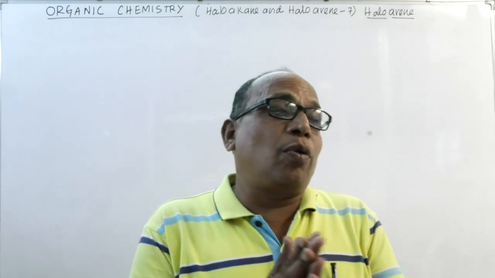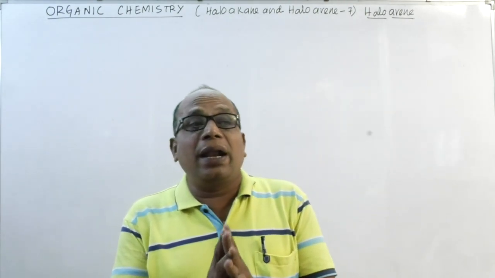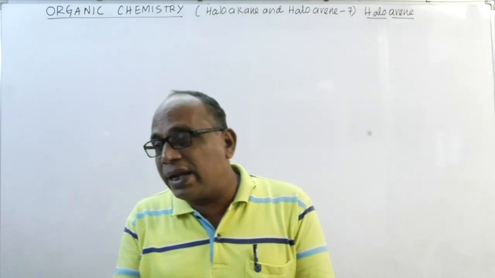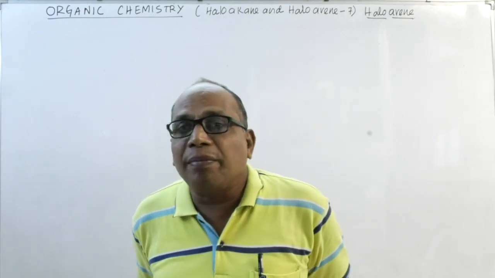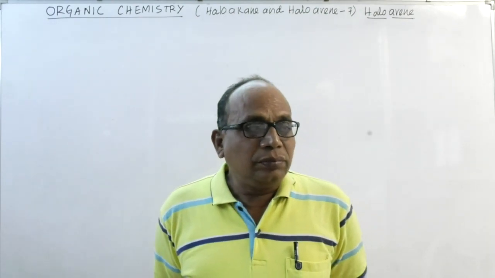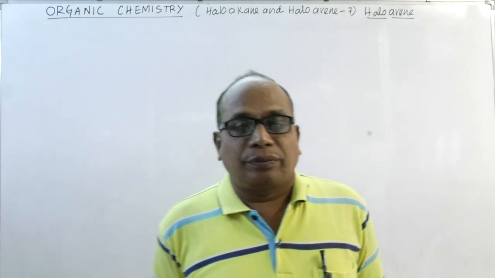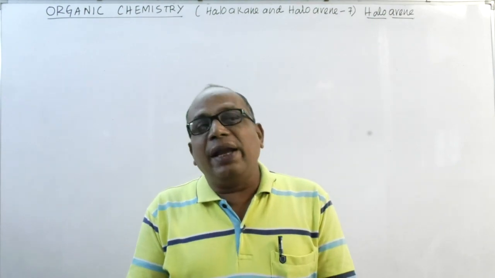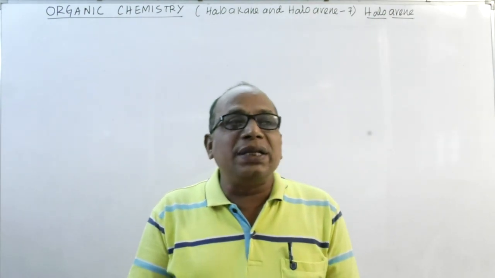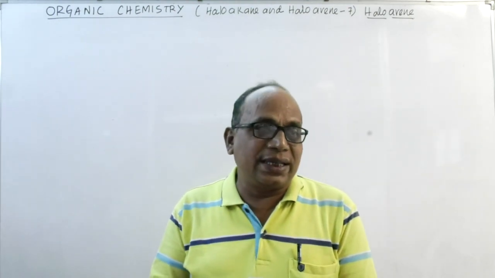Chlorobenzene, bromobenzene, iodobenzene and fluorobenzene can easily be prepared from benzene diazonium chloride, and the benzene diazonium chloride can be prepared from aniline. That method is called diazotization. Chlorobenzene, bromobenzene or iodobenzene can be prepared from benzene by halogenation.